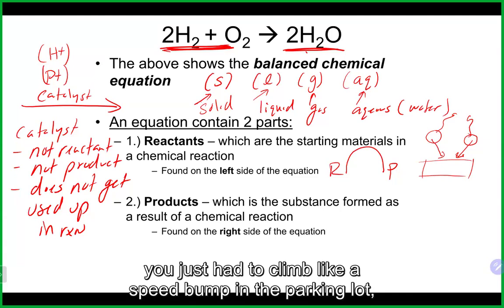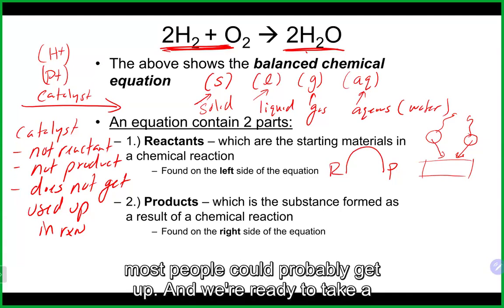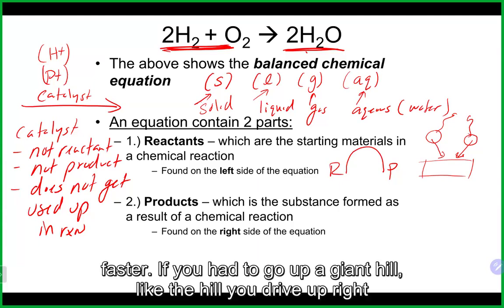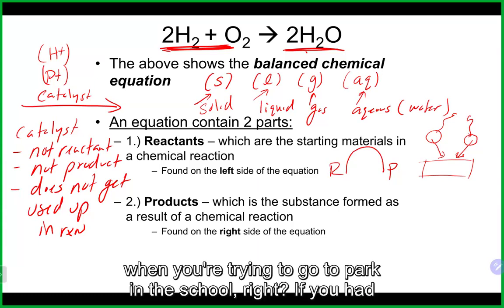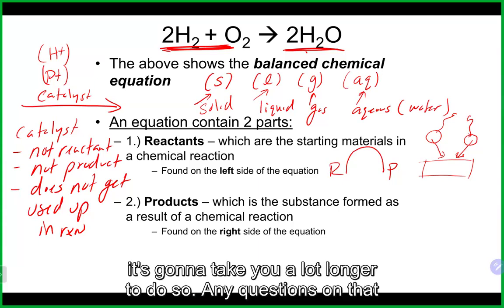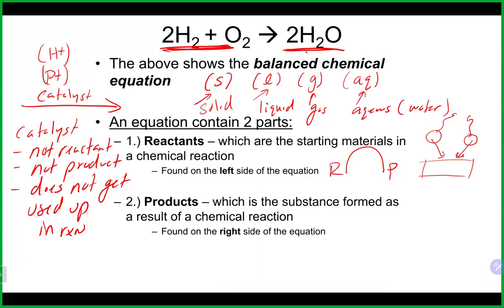If you just had to climb a speed bump in the parking lot, most people could probably get up, and it doesn't take a lot of energy to do so. You'll get up and over that much faster than if you had to go up a giant hill, like the hill you drive up when you're trying to park at the school. If you had to walk that hill versus a speed bump, it's going to take you a lot longer. Any questions on that?